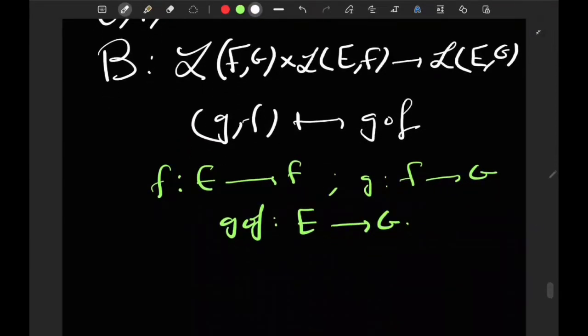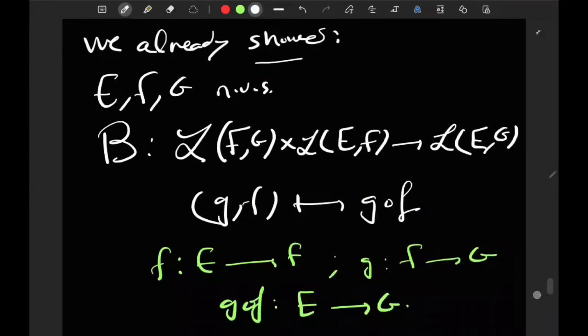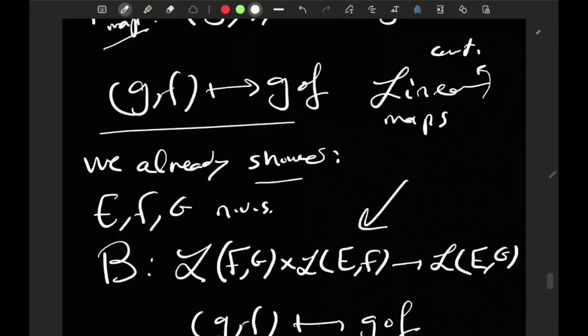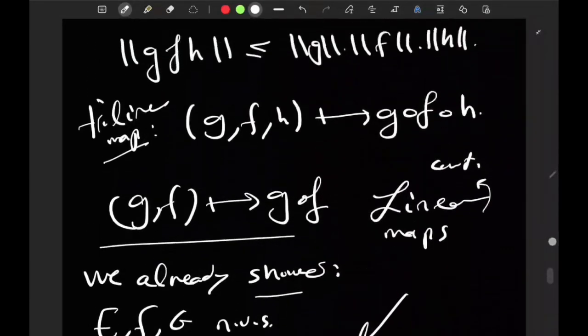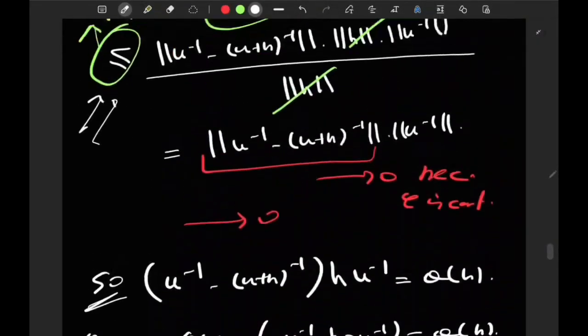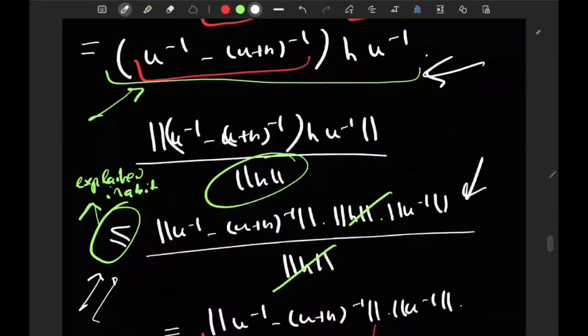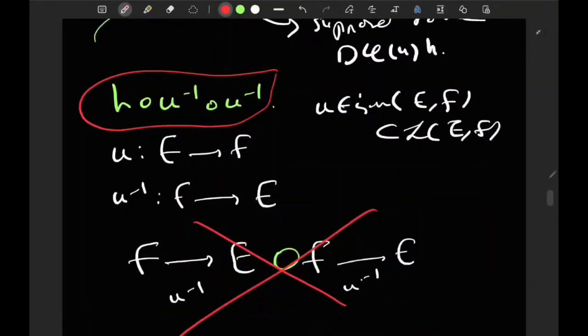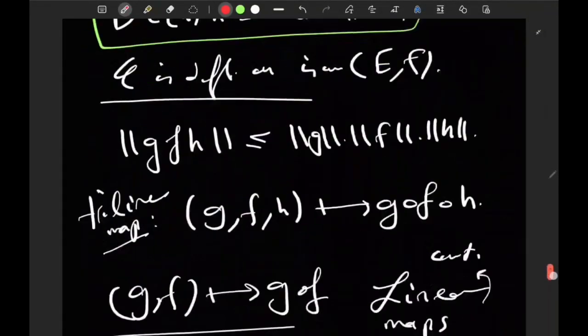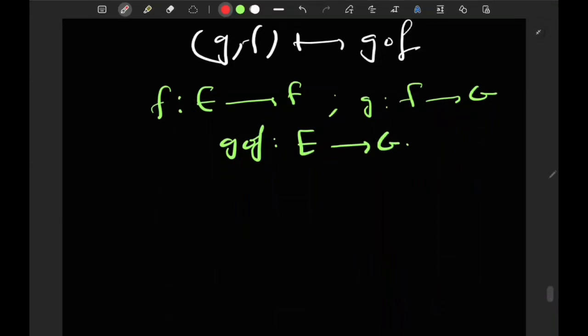Prove that it's continuous, and the same thing can be done to prove that a trilinear map of this sort is also continuous. That's what warrants the conclusion we were just doing here, that the norms can be separated in this manner. The composition becomes a product of norms. So that's the justification of that step.